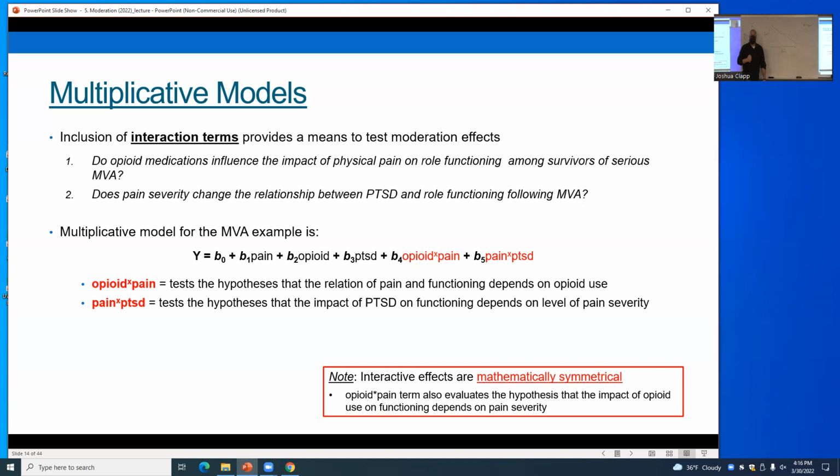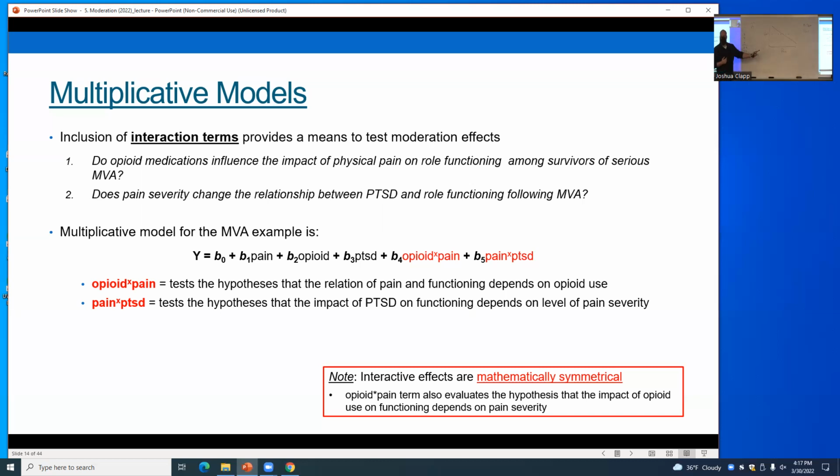And remember, just as with our animal models, you don't have to have a direct effect in order to have an interaction. This is our classic cross effect, right? And this is where model specification becomes really important. Because if I just run this model without the interaction, what's my conclusion? That the pain's unrelated to functioning, right?